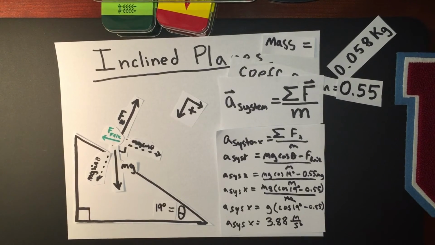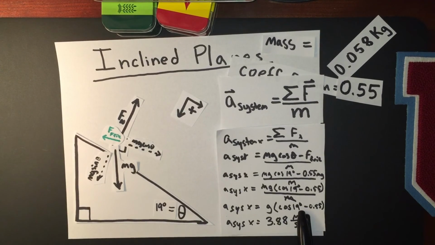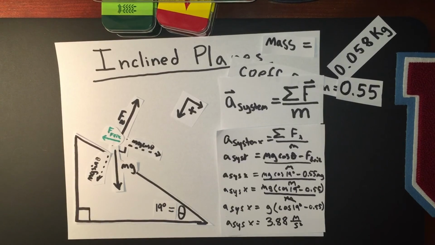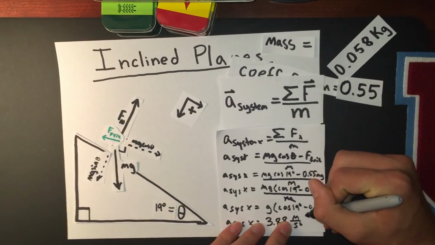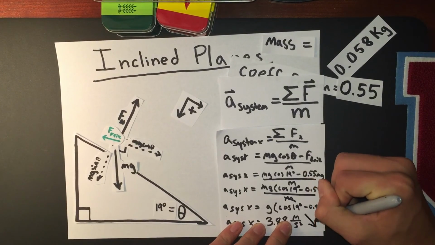After some calculations, we have found that 9.81 multiplied by cosine 19 degrees minus 0.55 is equal to 3.88 meters per second squared. And that is in the down ramp direction.